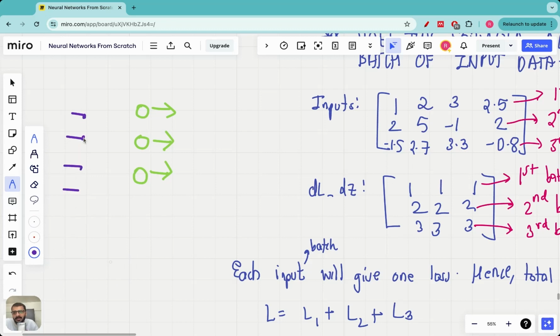This is x1, x2, x3, and x4. And then this is z1, this is z2, and this is z3. Now remember that for every batch of input which comes in, there will be a different z1, z2, and z3, which means that for, let's say, this batch, there will be one partial derivative of loss with respect to z1.